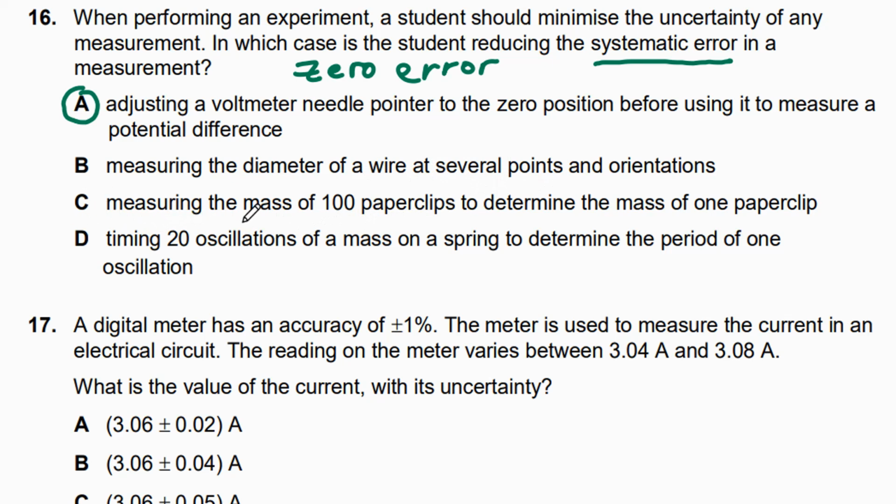In C, we're measuring the mass of 100 paper clips to determine the mass of one paper clip. So here we are repeating the measurements, and hence it's referring to a random error. And the same in D, timing 20 oscillations of a mass on a spring to determine the period of one oscillation. This is repeating the experiment in order to reduce the random error.